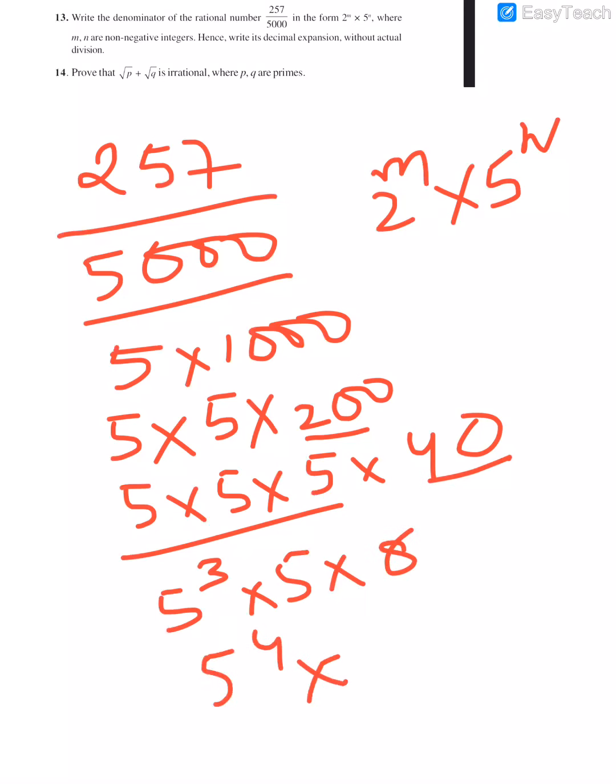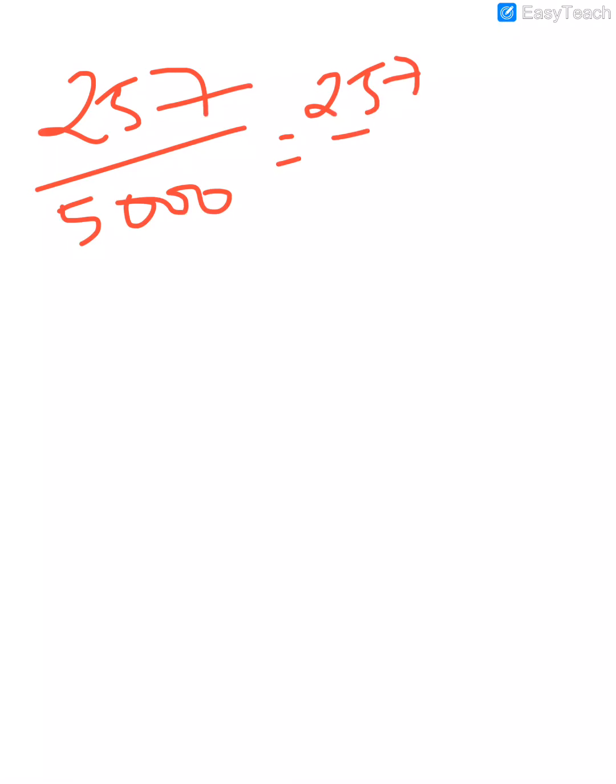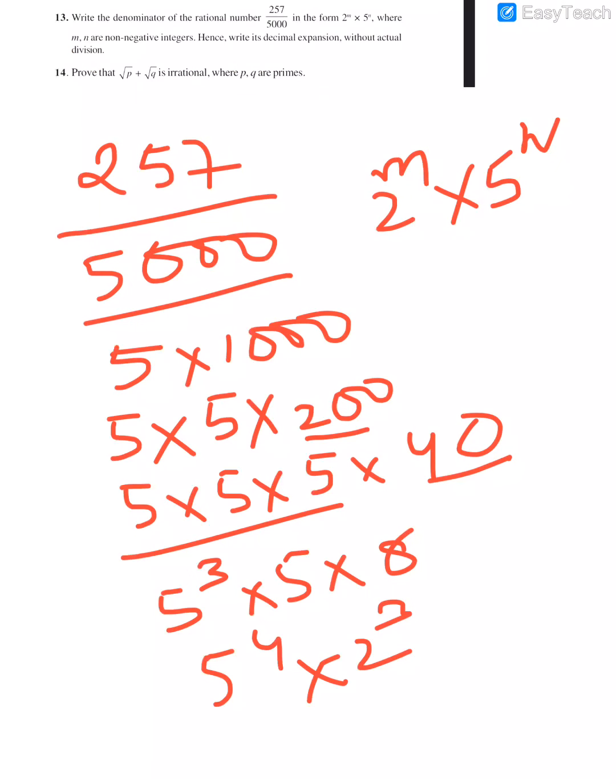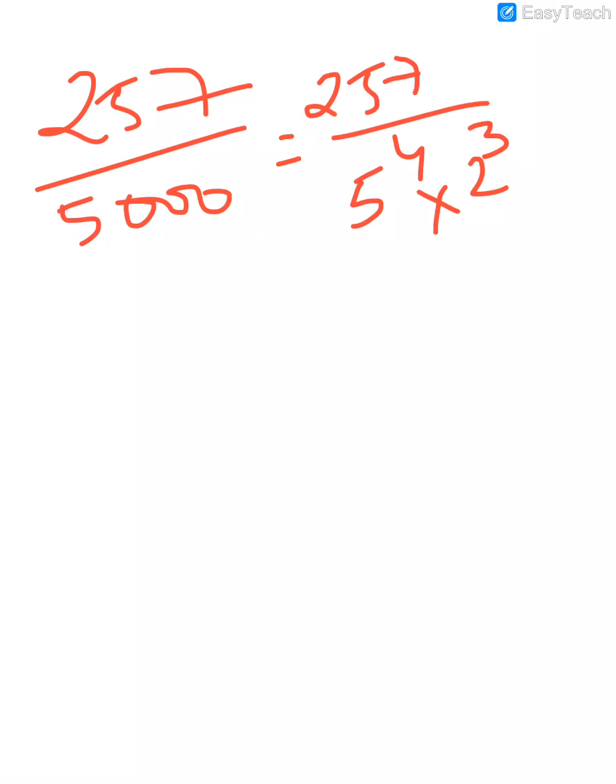Now 5 power 4 into 2 cube. So the rational number 257 by 5000 becomes 257 by 5 power 4 into 2 cube. Sorry, 2 cube. Now what they are asking is to find out its decimal expansion without actual division.